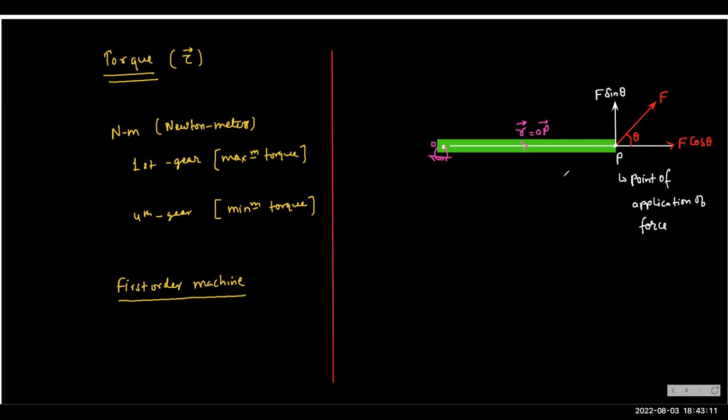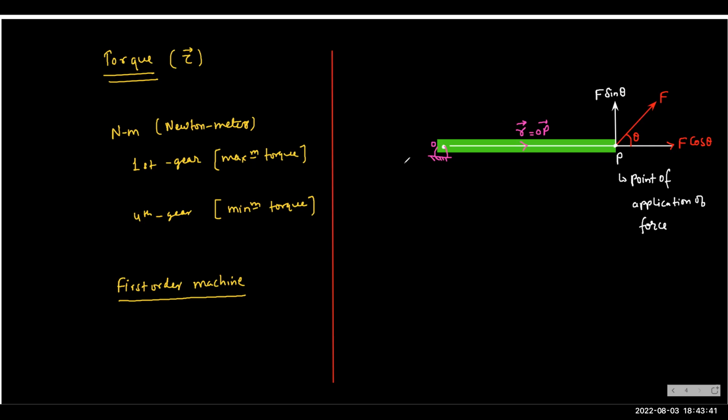Now again, I'll ask the same question. Out of these two components, tell me which component can create the turning effect or will turn the rod about O. Sir, F sin theta. And that's very much intuitive. We can understand clearly that F sin theta is capable of creating the turning effect or a rotational effect, whereas F cos theta will do nothing.